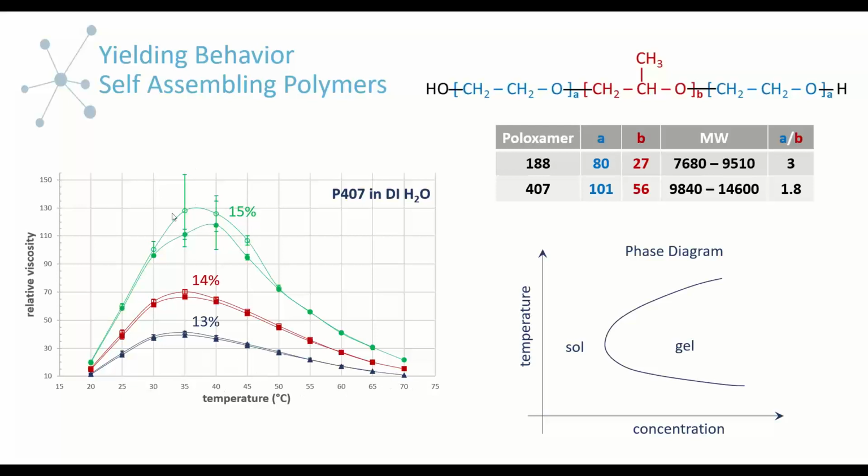But when we get to high enough concentration, we start seeing some unusual things happening here at this peak region. So presumably what we are doing is moving through this gel type region and then back out of it, when we get this well-behaved system as we increase temperature.